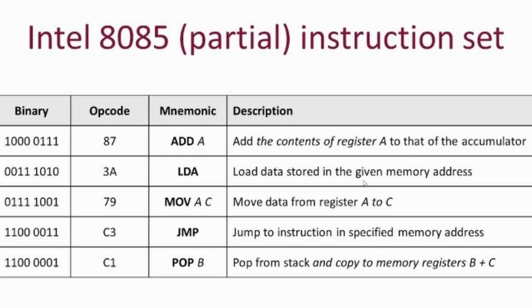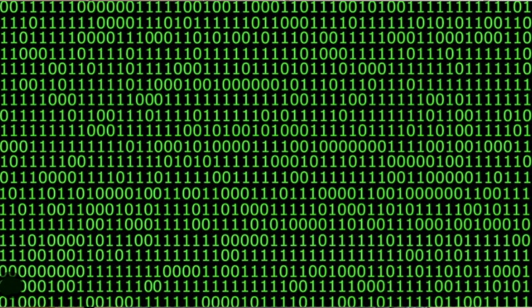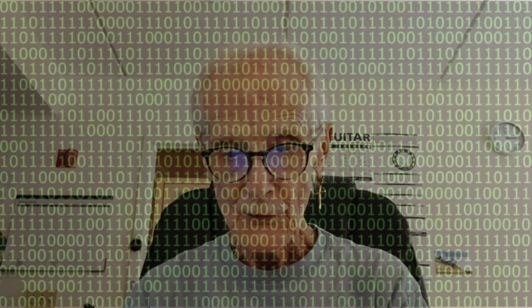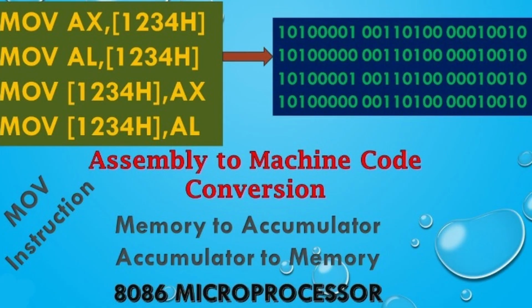These words make sense to people, but the CPU cannot read words. It only understands zeros and ones. So another program, called an assembler, translates those instructions into machine language. Now the CPU can finally understand them.